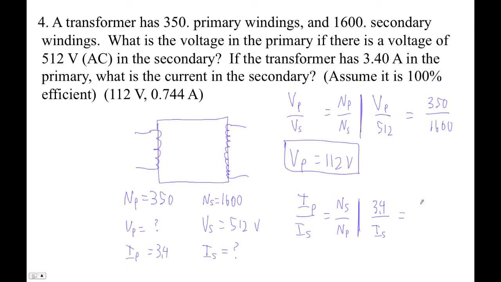That equals N secondary, 1600, over 350. All right, so now I'm going to go this times this divided by that. 3.4 times 350 divided by 1600. Whoops. 0.74375.